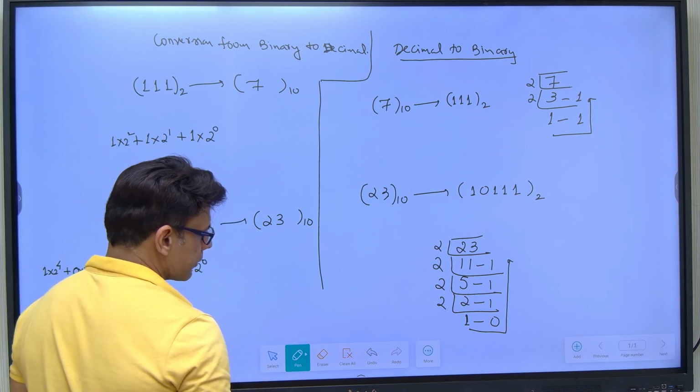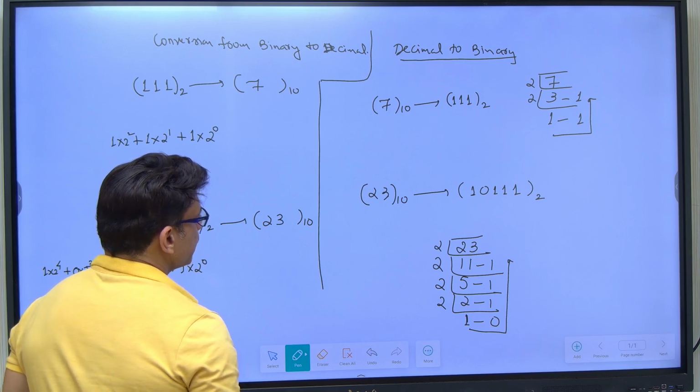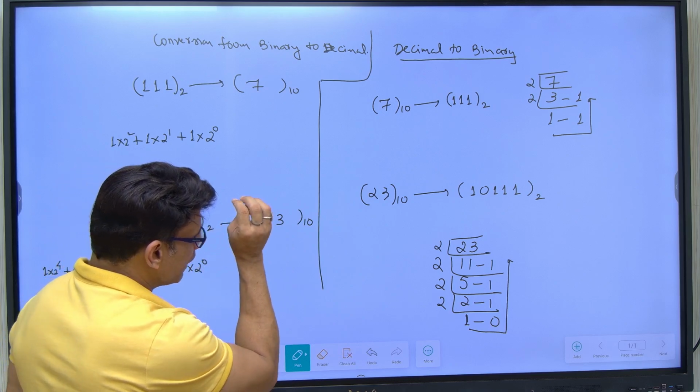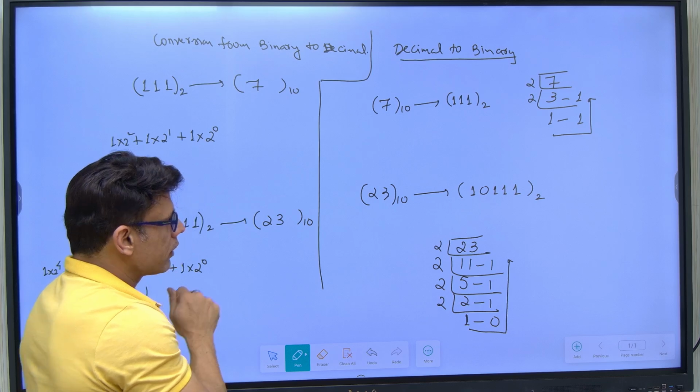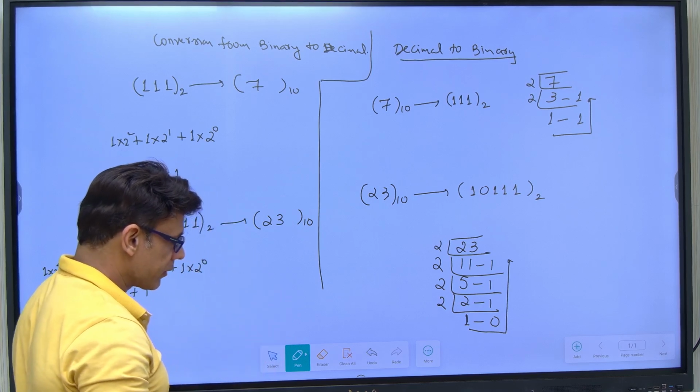Next is, suppose you want to convert a number from any other base to binary, or from binary to any other base.